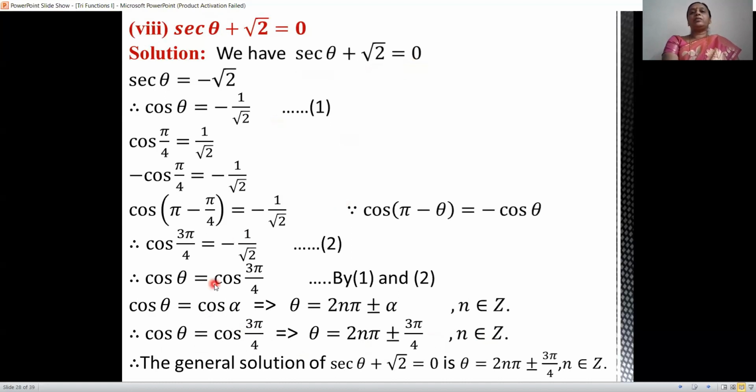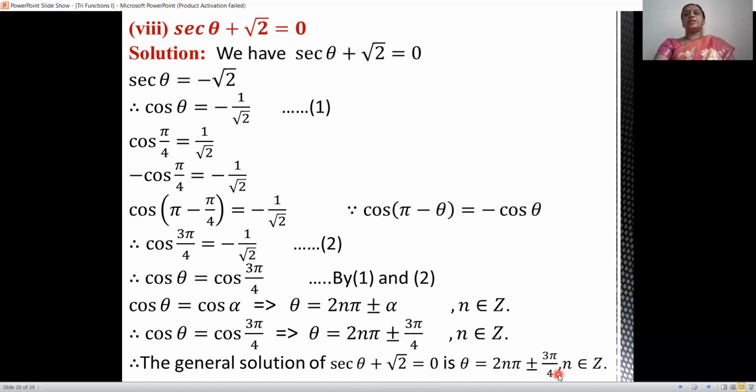Therefore, in the last step, write down the general solution of sec theta plus root 2 is equal to 0: theta is equal to 2n pi plus minus 3 pi by 4, n belongs to Z.